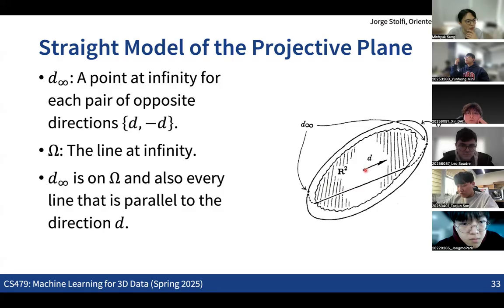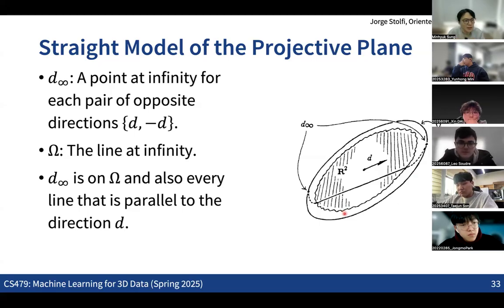If you go in the direction of D here, there will be one point, which is the identical point that you see when you go in the opposite direction. So these two points become basically the same point, and there is one line connecting all the points at infinity. That's the geometry of the projective space.